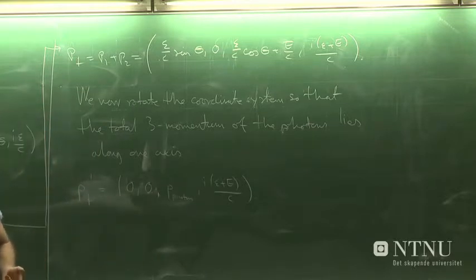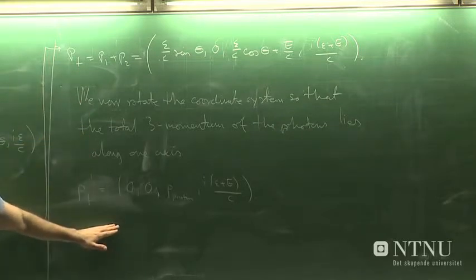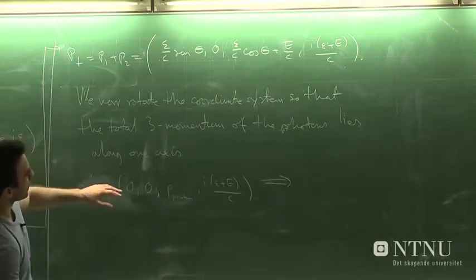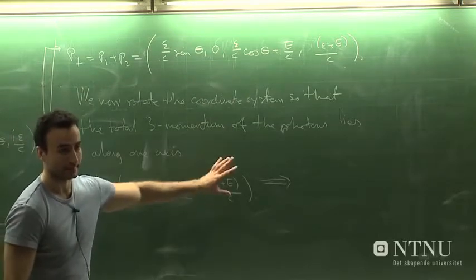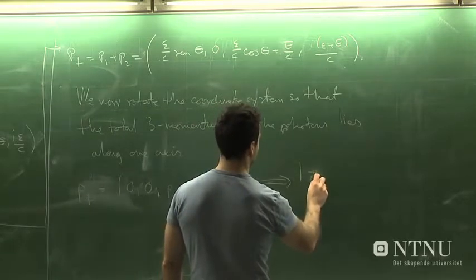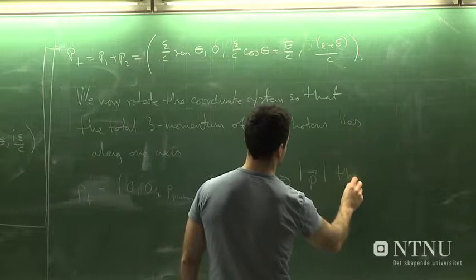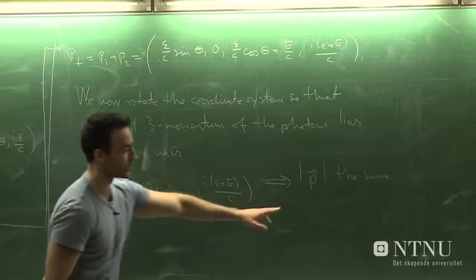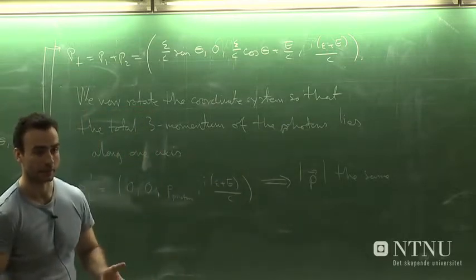But what we can do is to use this invariance of the four momentum. This one squared has to be equal to this one squared because it has the same value in any inertial system. So in other words, well, for the energy part, it's no problem because that has the same value. So what it means is just that we need to choose p photon so that the magnitude of the three momentum is the same in both inertial systems.